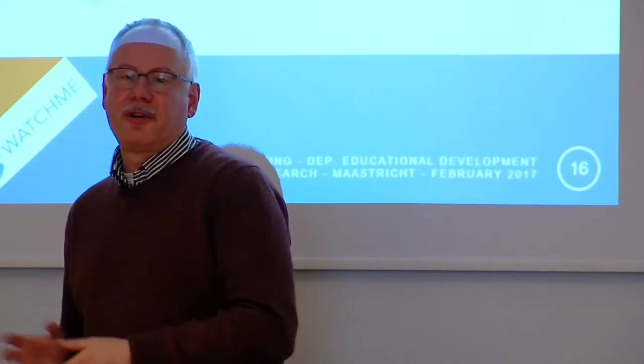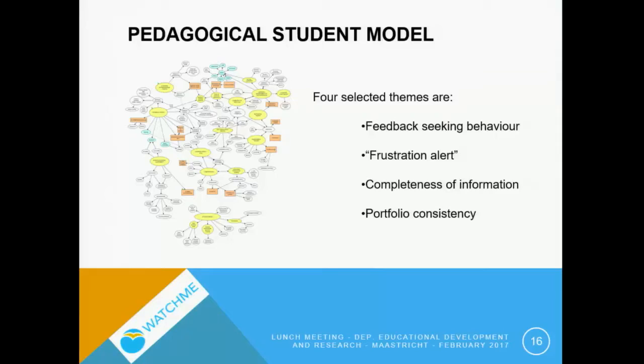Frustration alert, it was a very sexy term. What do you think there? Well, we know from literature that there are a lot of problems with burnout levels, especially in medicine. So the idea was, can we not find signals in a portfolio that might hint at a possible high level of frustration or low level of engagement, which might be the counterpart of that.